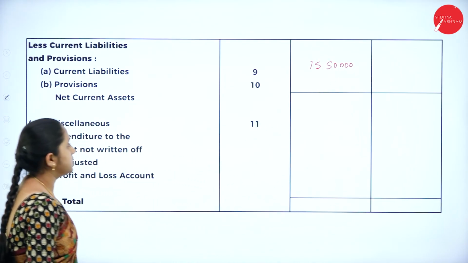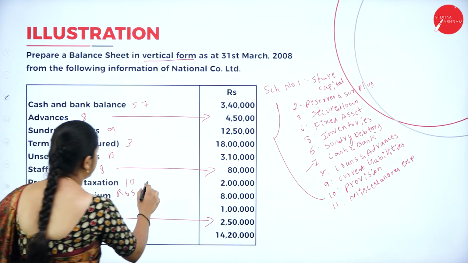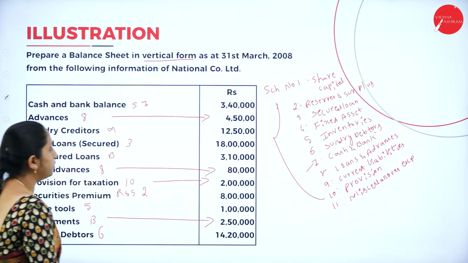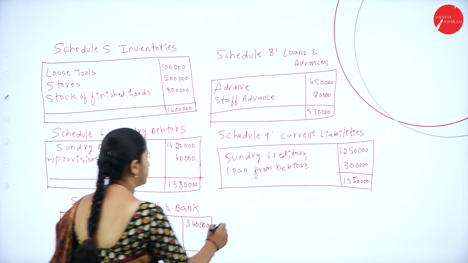Next, provisions. Schedule 10. Provision for taxation 2 lakh. Only one provision.